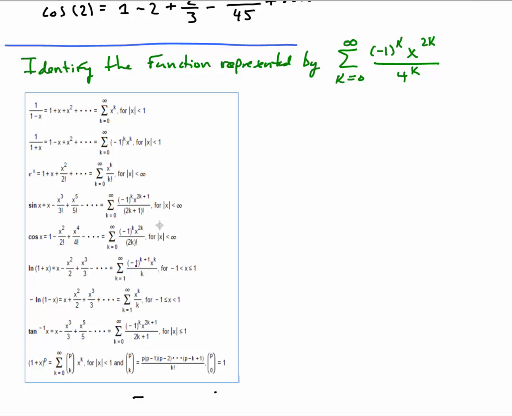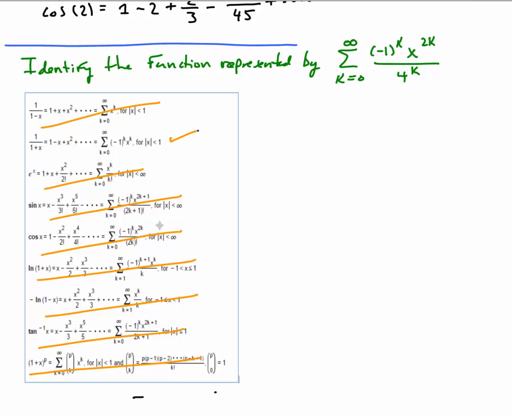This doesn't have an exponent, neither does this one. So I'm just going to go through and throw out some of these options because they don't really fit that form. This cosine looks like it could work. I have, no wait, that's a factorial. That's a factorial. And this one's not alternating, so it looks like it's got to fit this one. But I do need to rewrite it to make it fit.